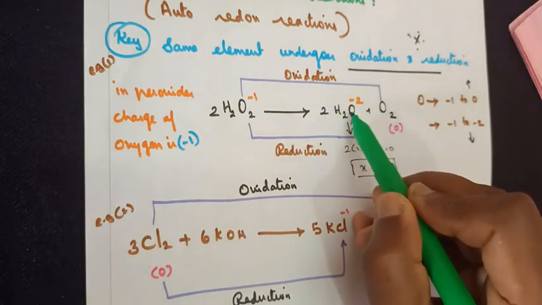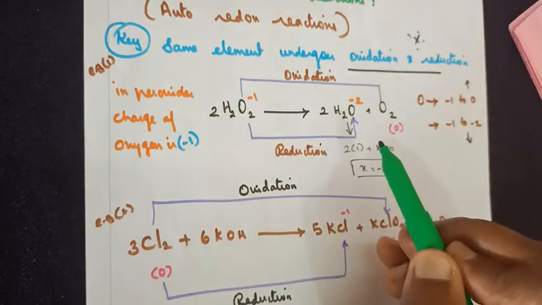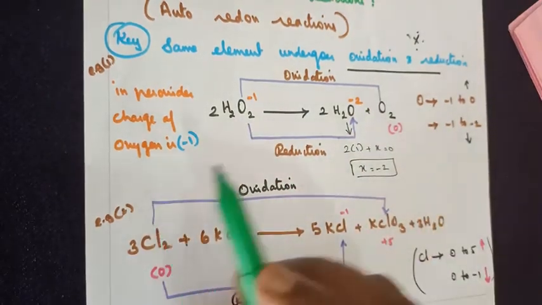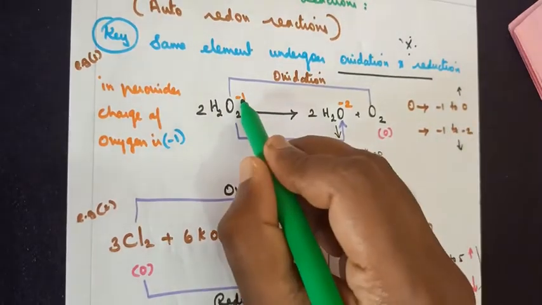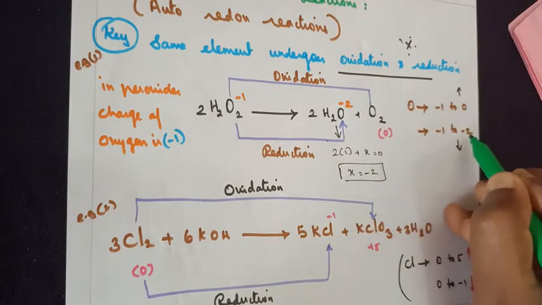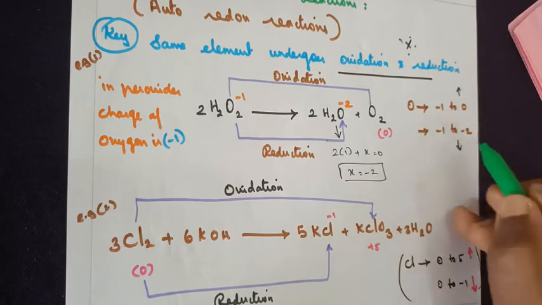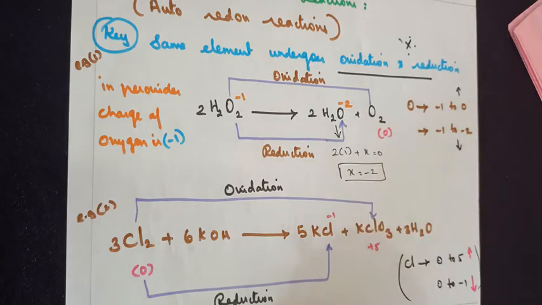Apart from peroxides, at other times the charge of oxygen is -2. So oxygen is giving you 2 different charges. I'm not confusing you. From -1 it's reaching up to 0, and from -1 it's reaching up to -2. -2 in case of water, 0 in case of oxygen here.